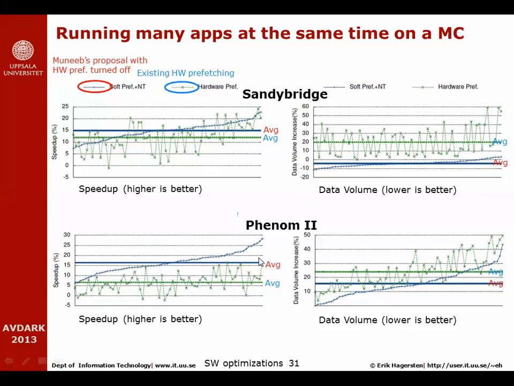Here the difference in speedup is larger, about a 10% improvement for us over just using the hardware prefetcher. And data volume wise, in this example, we actually do increase the data volume quite substantially. I don't fully understand why, but it was still below what they use with their hardware prefetcher itself.